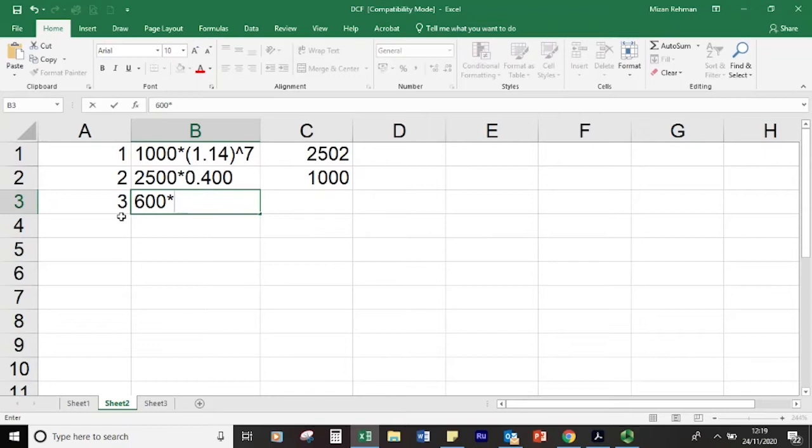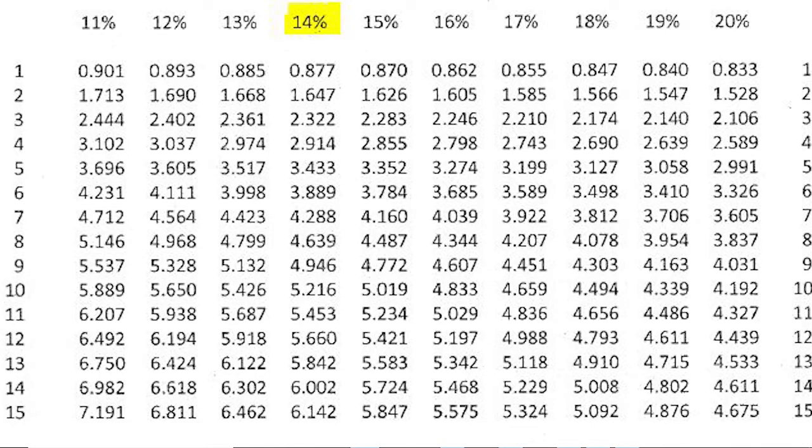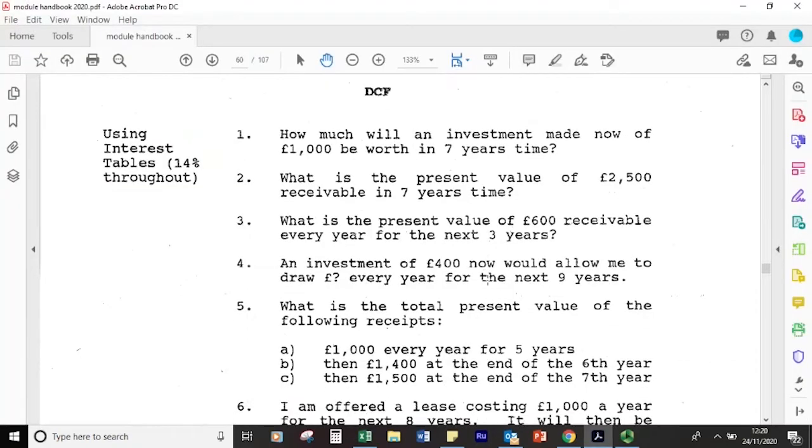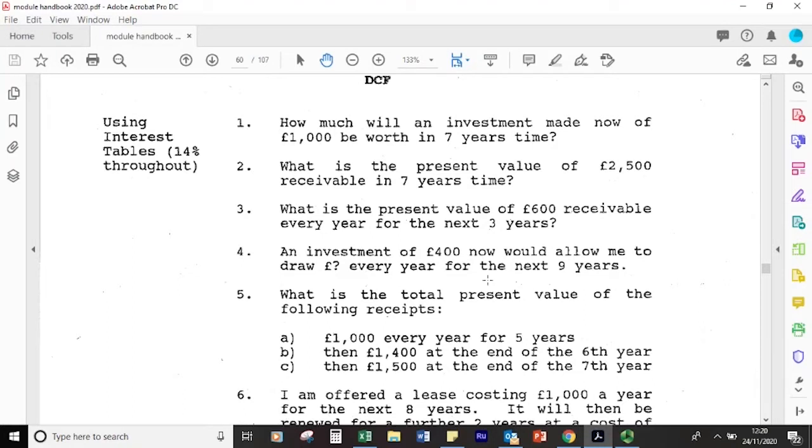So this time we are going to look at the annuity table, not the present value table. Under 14% for 3 years, we have 2.322. So 600 times 2.322.